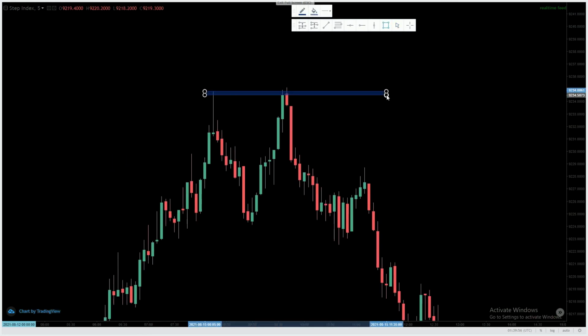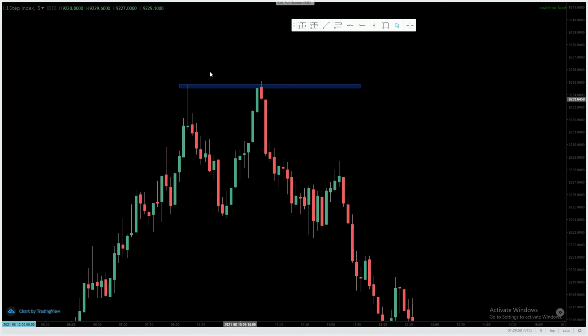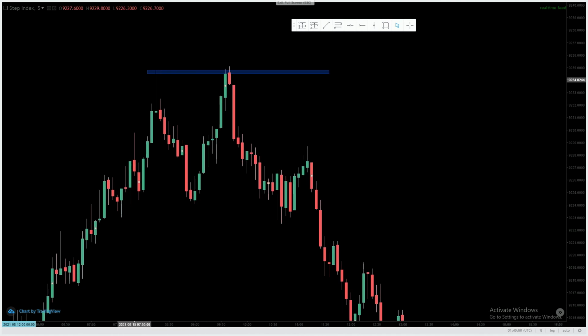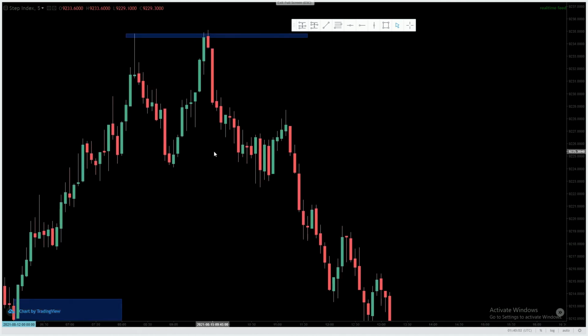It came back to this zone and did not break this structure here. And what? It came back and broke this one. I hope guys you understand what I'm trying to say here.